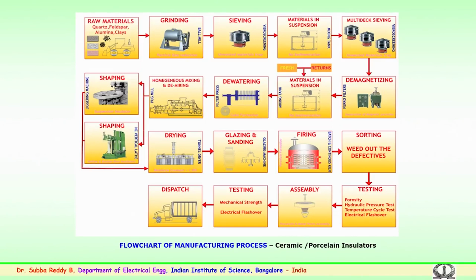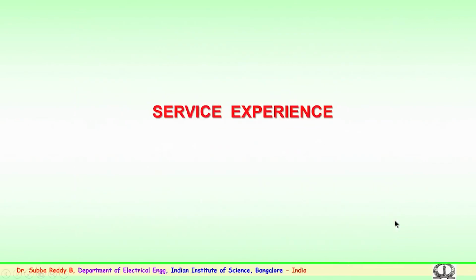They have to undergo the mechanical strength and the electrical flashover tests. After this, the insulators are dispatched in crates and sent to the utility centers. So, this is how the flow chart of the manufacturing process for a ceramic or porcelain disc is carried out. We will further look into the service experience in the next class. So, thank you.